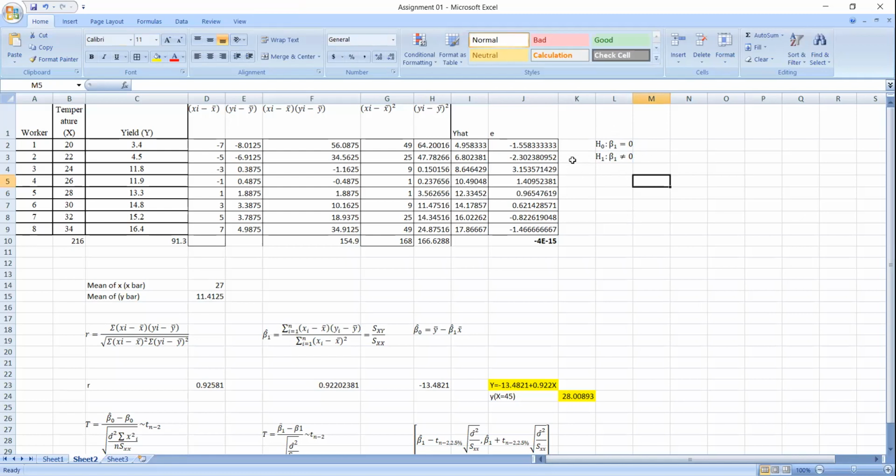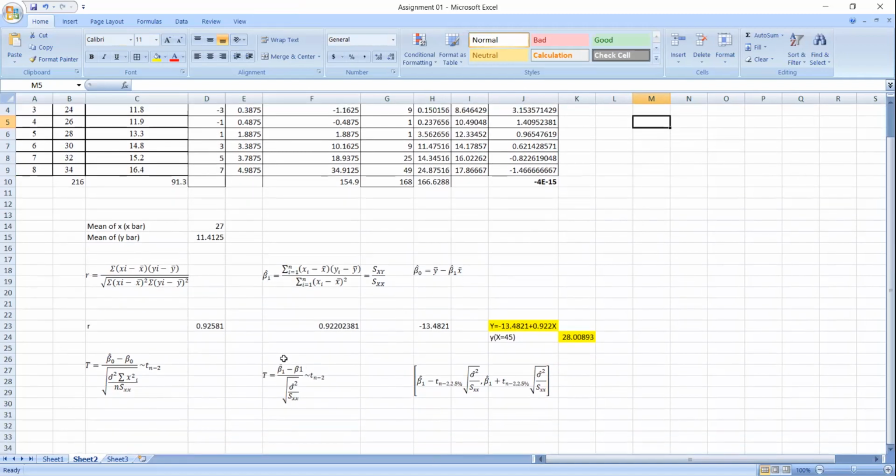So based on the fitted model, we are going to find out whether the slope value is equal to 0 or not. Now in this case, you can see we are given just the data set. We have no idea about the population variance. So we have to go with the t distribution, right? So this is the test statistic in the t distribution that we have to use.